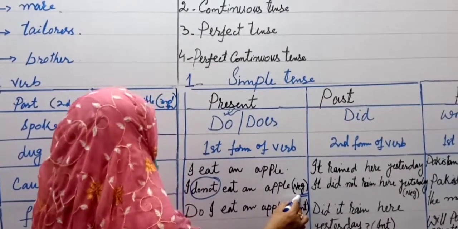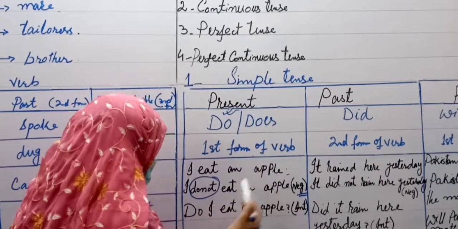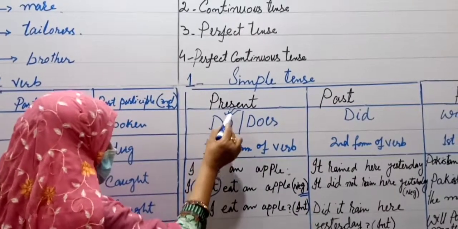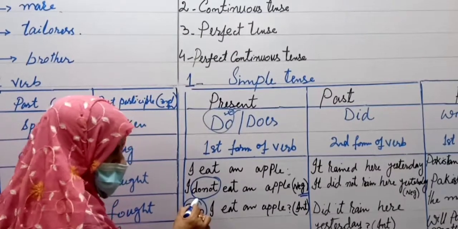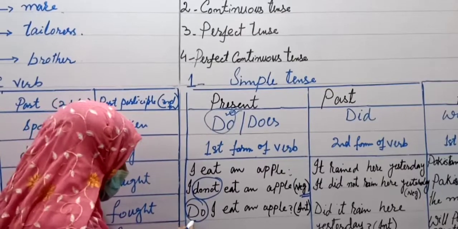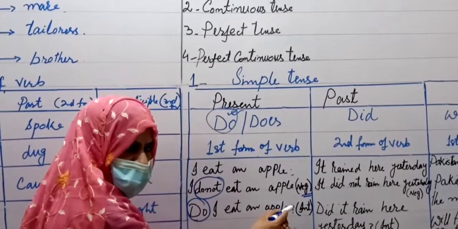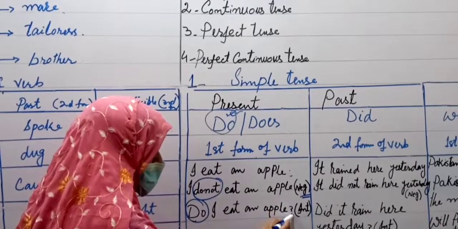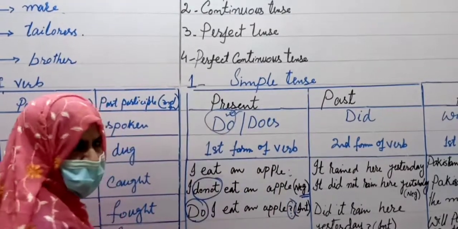If you are going to make the interrogative of the same sentence, this word do will come at the beginning of the sentence, before the subject. Do I eat an apple? And the sign of interrogation is compulsory for an interrogative sentence, which I have marked here.